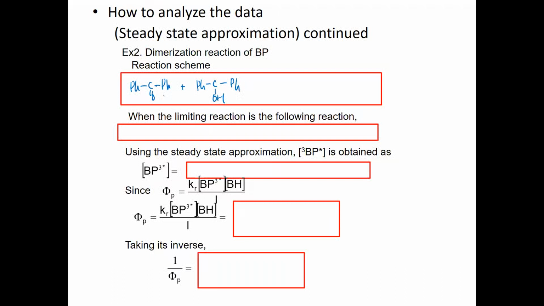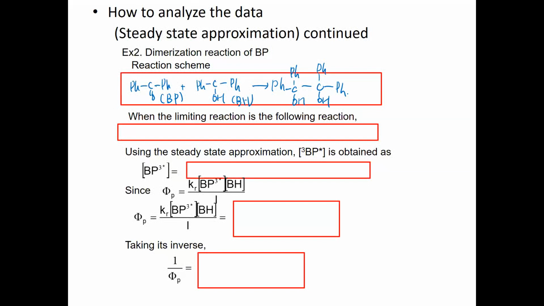So we write this one BP, and this one BH is reacting with... quite similar but different. Right?